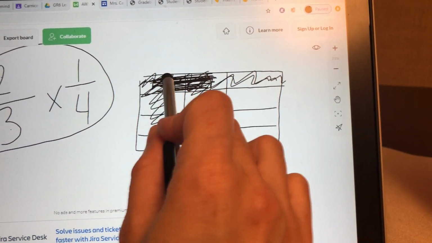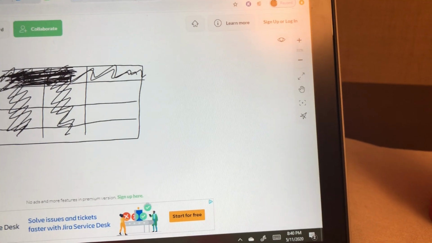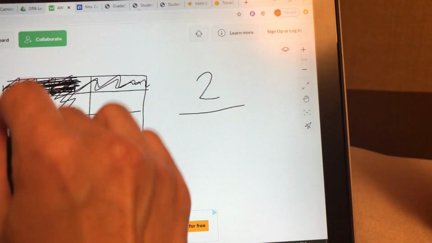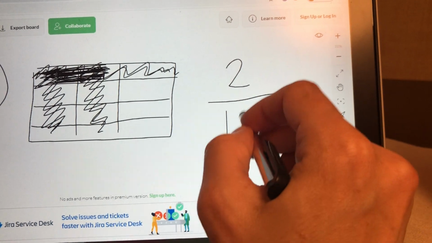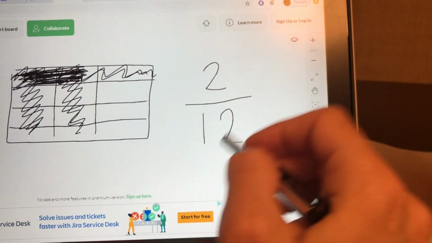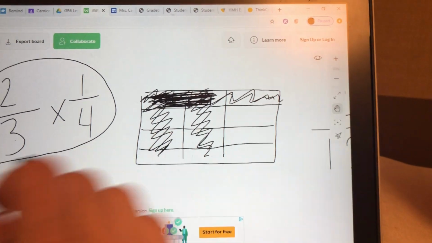So that's going to give us our numerator of 2 and a denominator of 12 because we split up this box or rectangle into 12. Okay, so we're left with 2/12. Now the easy way out of this is to simply multiply.